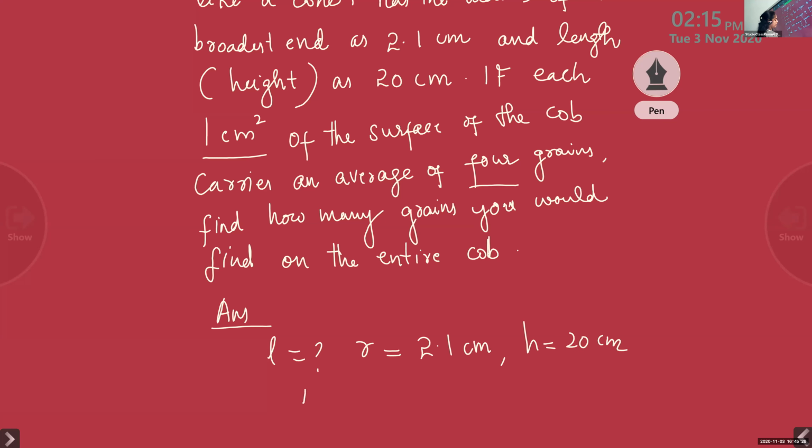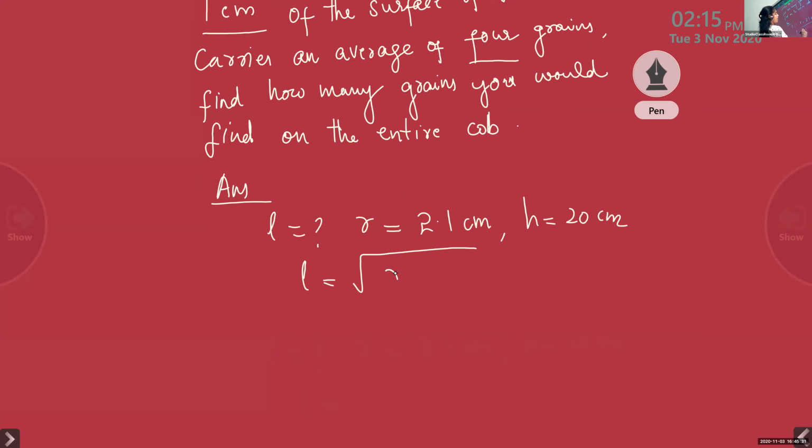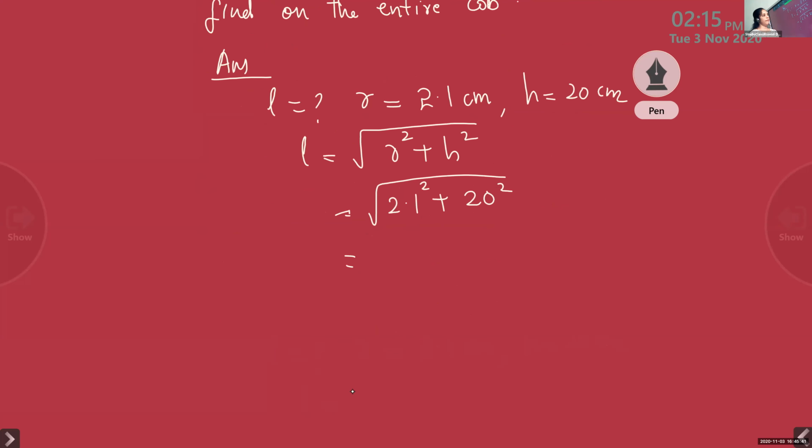And L equals root of R square plus H square. So root of 2.1 square plus 20 square. 2.1 square, 21 square and decimal point. Do you know how much it is?